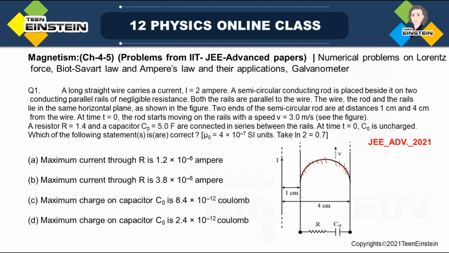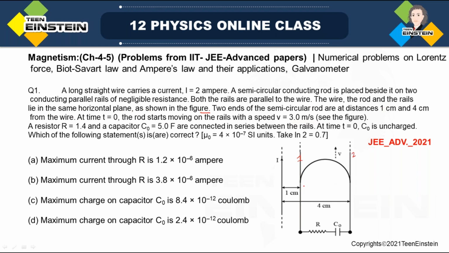Now both the rails are parallel to the wire. See, this is rail 1, say this is rail 2. So this rail 1 and rail 2, they are parallel to the current carrying wire given here. The wire, the rod and the rails lie in the same horizontal plane as shown in the figure.